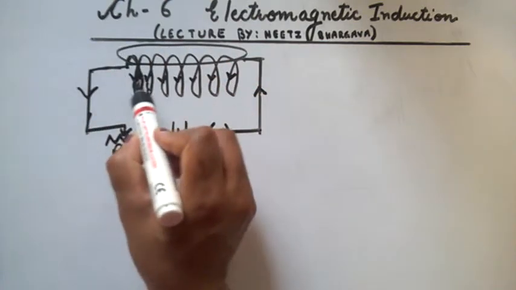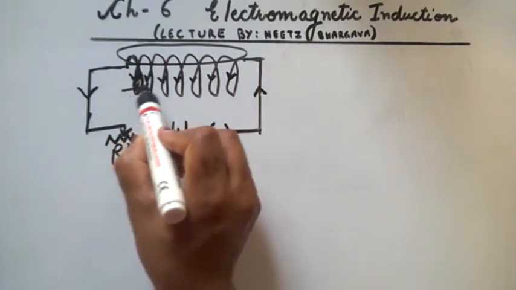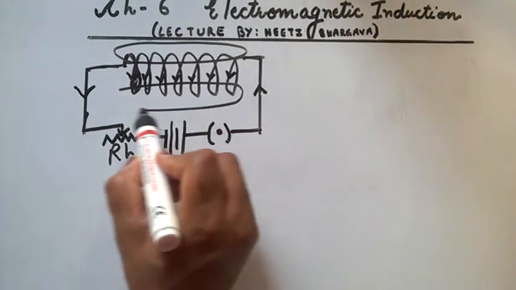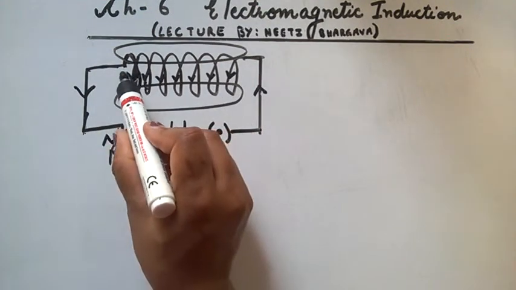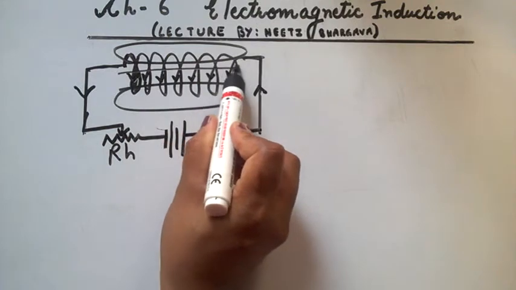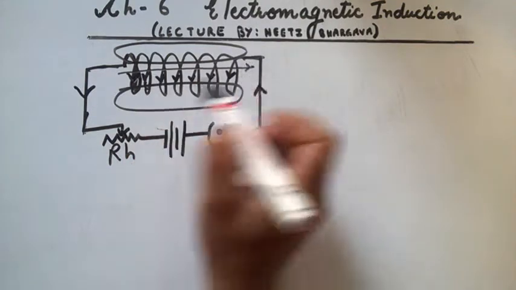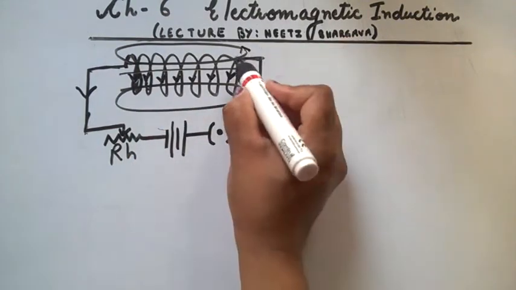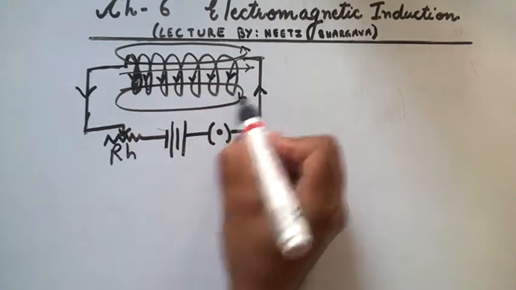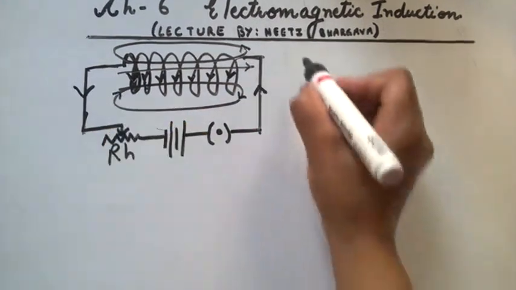It is produced by the coil itself. These are the magnetic field lines passing from north to south.